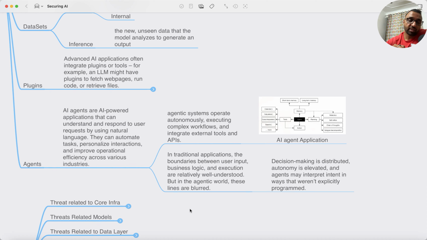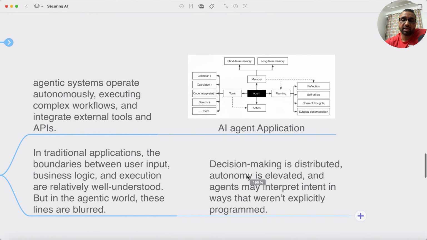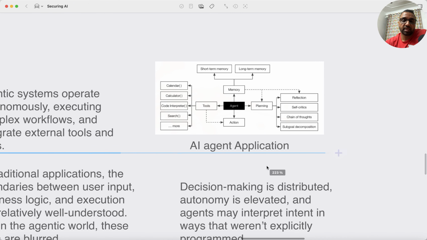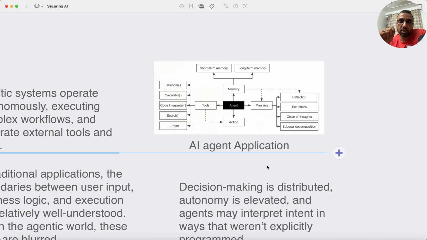But in the agentic world, these lines are blurred, and in an agent application, the components include the tools, the memory, planning, and action. And memory can be short term or long term. Planning could involve reflections, self-critics, chain of thoughts, sub-goal decomposition, and tools could include calendar, calculator, code interpreter, search, and many more. Okay, so an agent can work independently and can have multiple interactions happening with its environment.